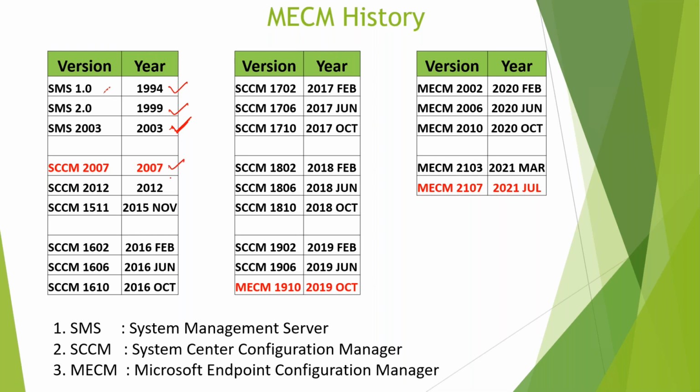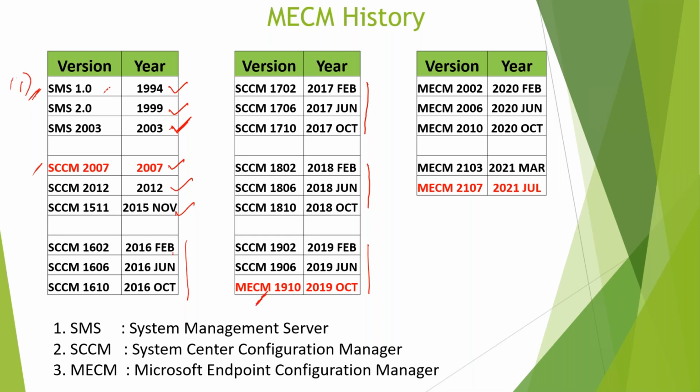Then SCCM 2007. Previously we used to call it SMS, but in 2007 they renamed it to SCCM. Then SCCM 2012, SCCM 1511. These are the three versions released in 2016. These three versions released in 2017. These three in 2018, and these three in 2019. But in 2019, they changed the name from SCCM to MECM.